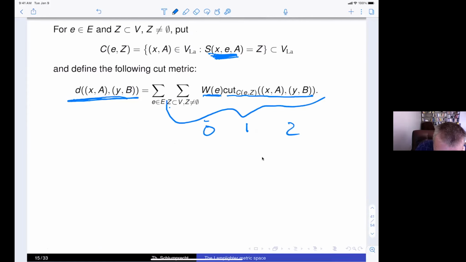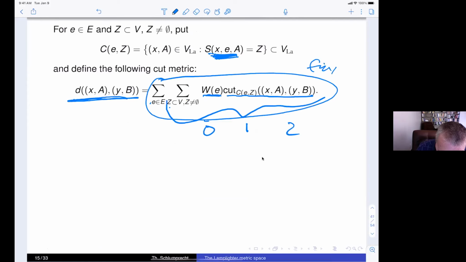It's 1 if one of them is not empty and the other is empty, or vice versa. And it's 2 if they are not equal and both not empty. This implies easily that the total sum is finite, because even if the tree is infinite, it's finite.